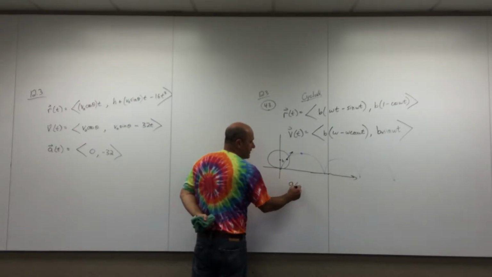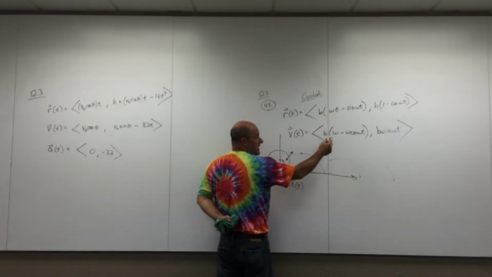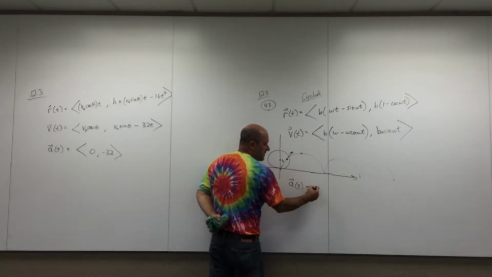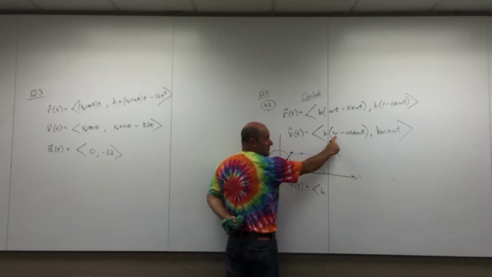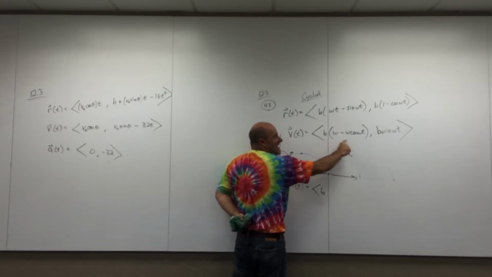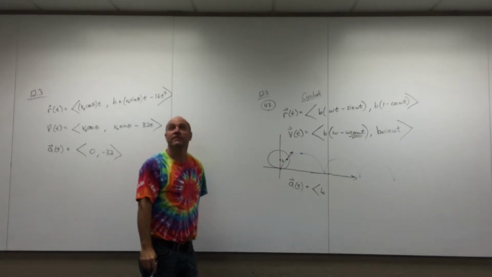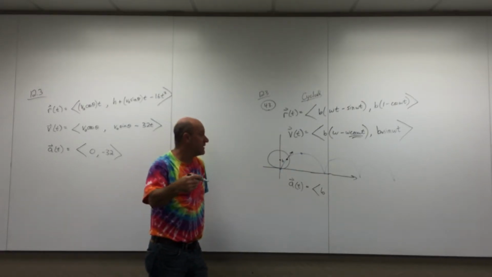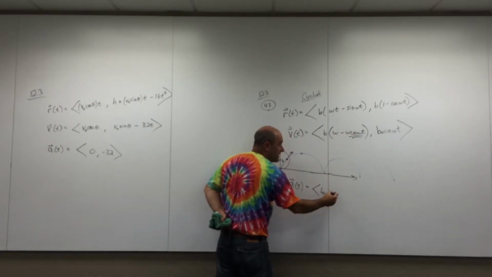Let me just try to find it here in general below my picture. Just taking this derivative. Again, the b is a constant. I'm going to slip past the b. But the omega goes away. I take the derivative of cosine omega t. The derivative of cosine is negative sine. There's already a negative, so it's going to be positive sine omega t.